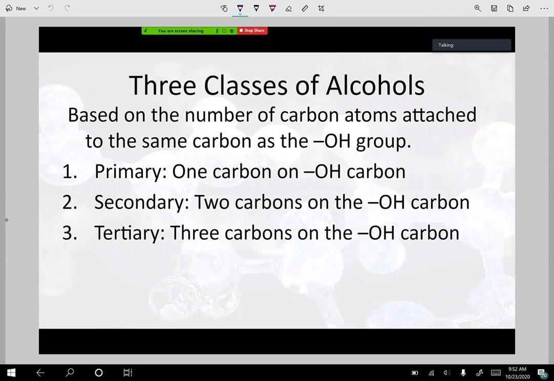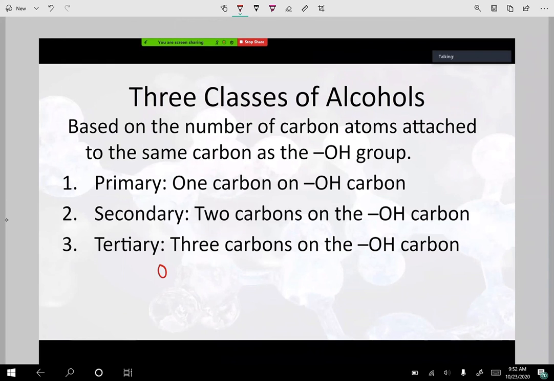So let's change the color here. We're going to make this red because the important part of each of these is that OH being attached to a carbon. And then our second one, OH attached to a carbon, and OH attached to a carbon.